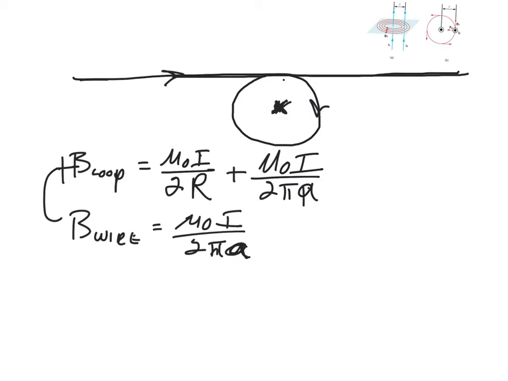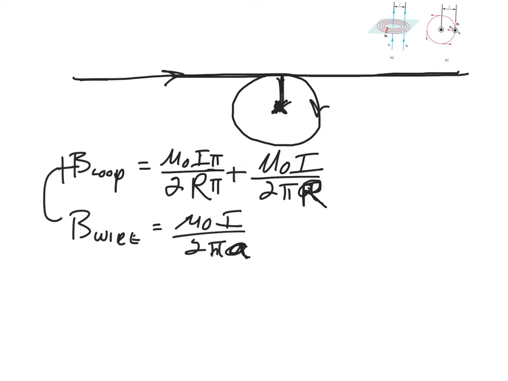So the A, the distance from the wire to the point, is the same as the radius of the circle. It's this distance here. So that's lucky. So all we got to do is multiply by pi over pi, right?